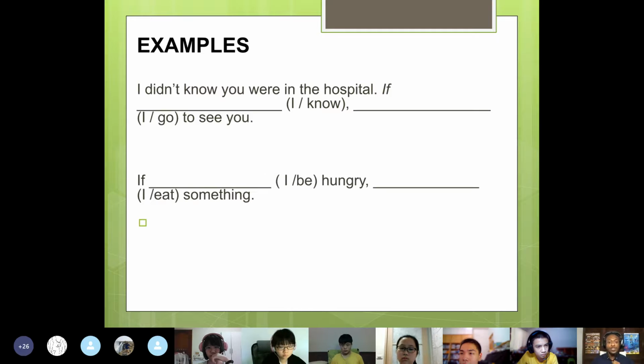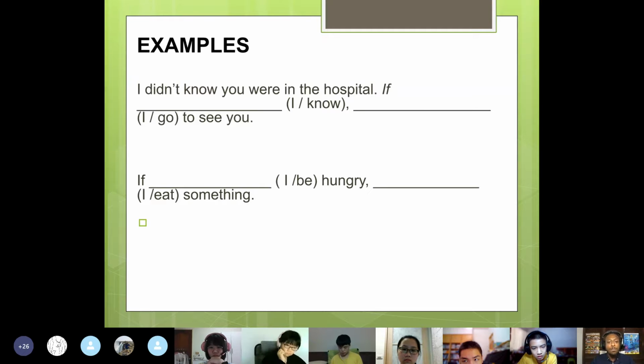Okay. Let's try another sentence. How about Barry? Give this sentence a try. If I were hungry, I have eat something. Okay. So close again.